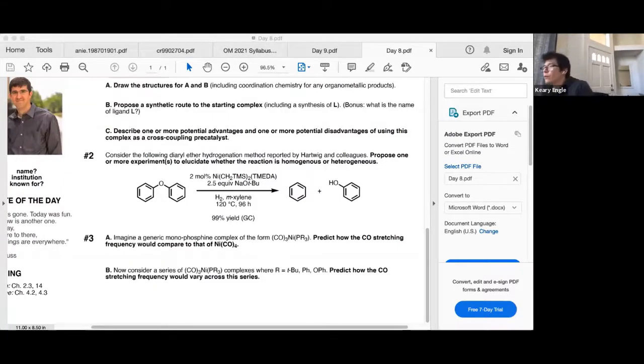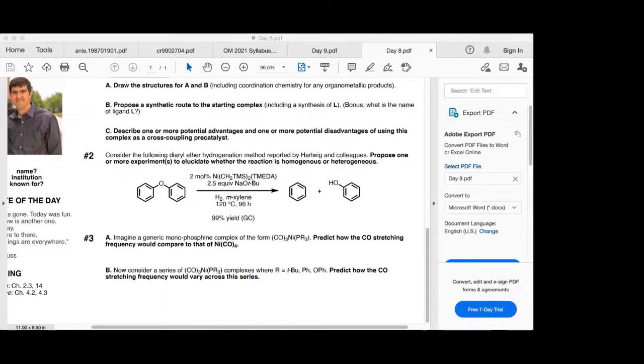Okay, the plurality was 3, where left to right we're going t-butyl, phenyl, phenoxy. So maybe Omar, is that what you got? And then if so, why? If not, why not? Yeah, that's what I got.